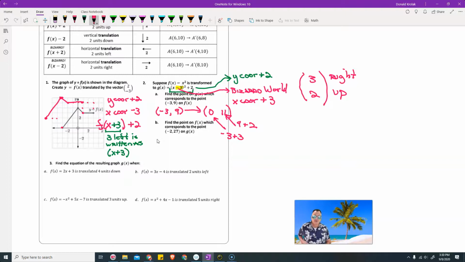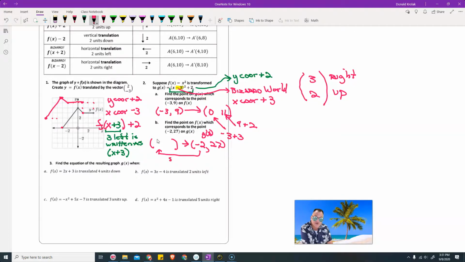Now part B is asking for the reverse. If you had -2, 27 on the second graph, g of x, what was it originally? Well, if we wanted to go backwards now, we added 3 to get the new x coordinate.